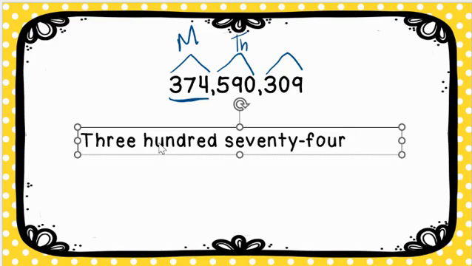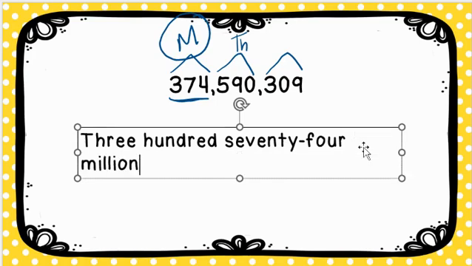Now, we have a comma. When you get to the commas, before you put a comma in your word form, you are going to state the house name. So 374 million. And you can put your comma in your word form.